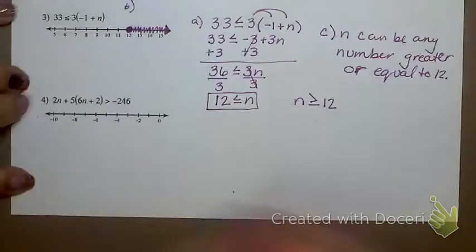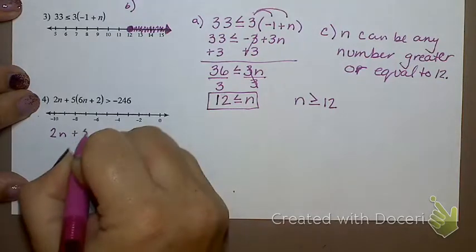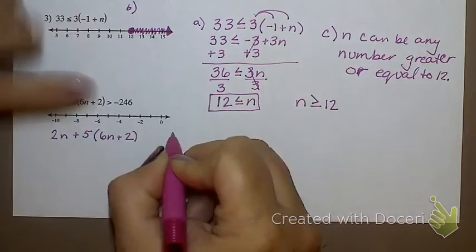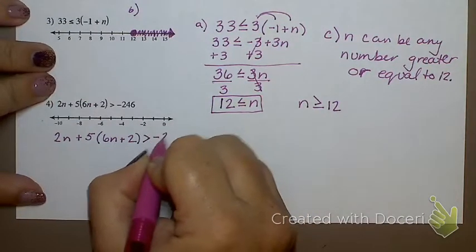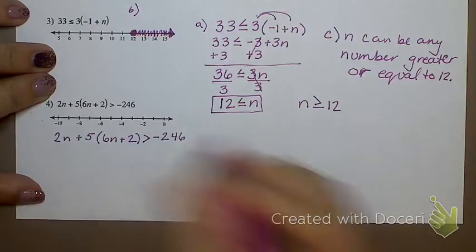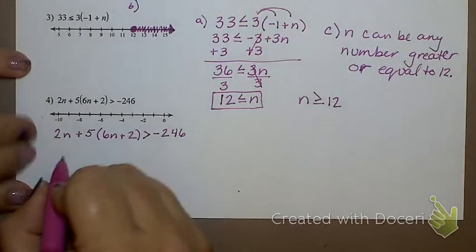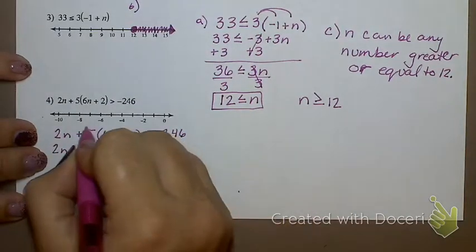All right, so the last one, let's see. 2n plus 5, parentheses, 6n plus 2 is greater than negative 246. All right, what do I do first? Distribute.